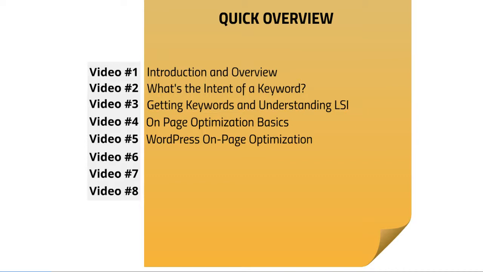From video 4, I talk about the fundamentals. Video number 5, we are going to do some implementation. So you learn it, and then we are going to implement it. All right. Video number 6, we're going to talk about creating LSI content so that Google knows what your content is all about, and therefore it's more likely going to rank you higher as long as you're not spammy.